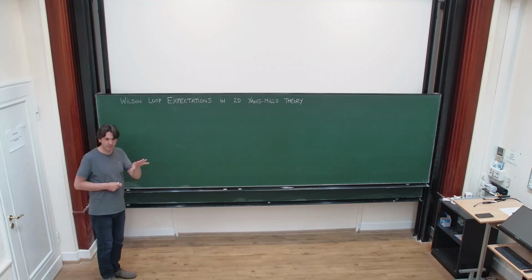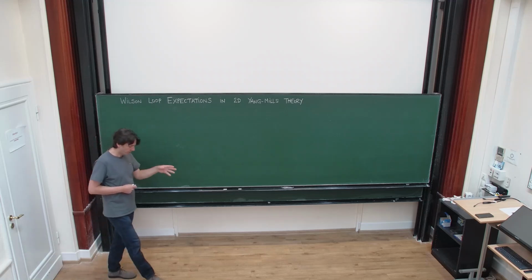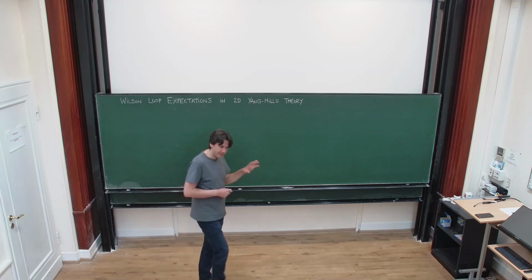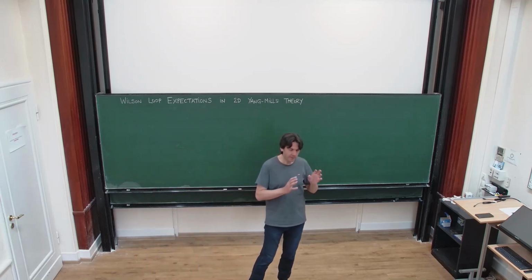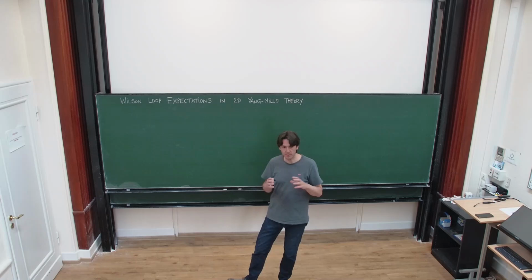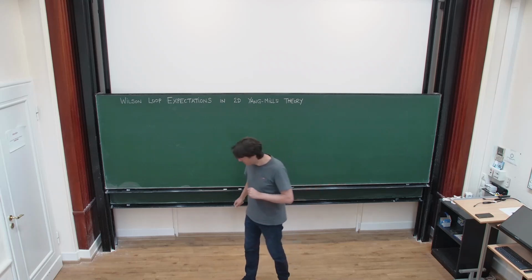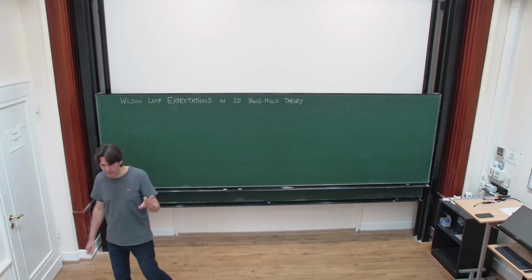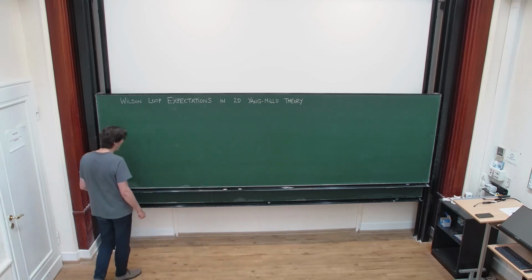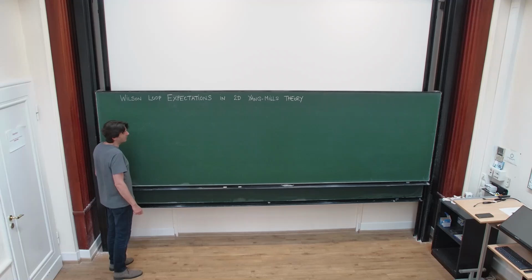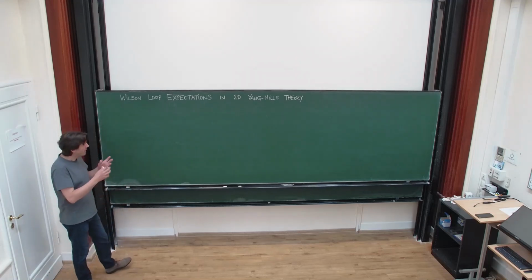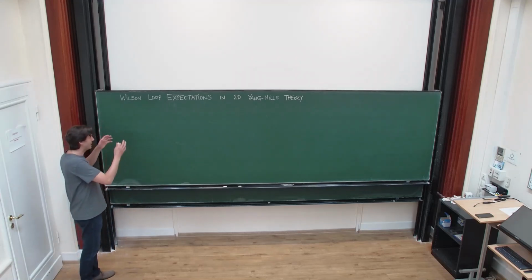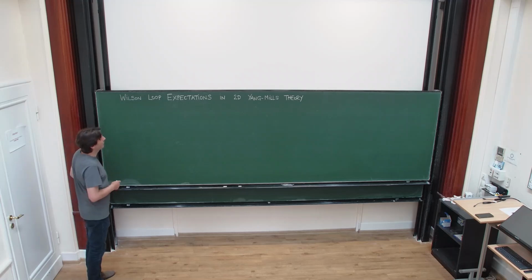First I will explain what they are, then I will explain on a simpler example how I intend to proceed to compute these expectations, and then I will say enough that I can at least state the formula. I will not give many elements of the proof, but I will try to indicate the flavor of it.